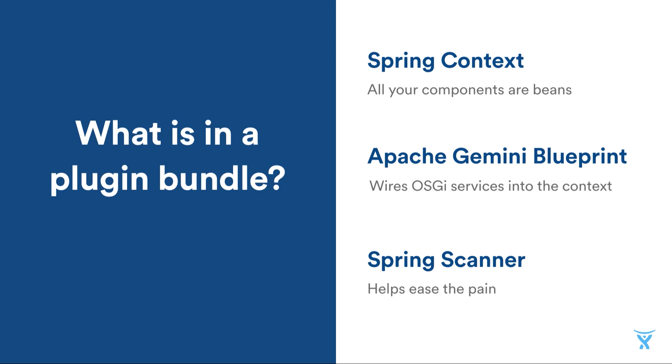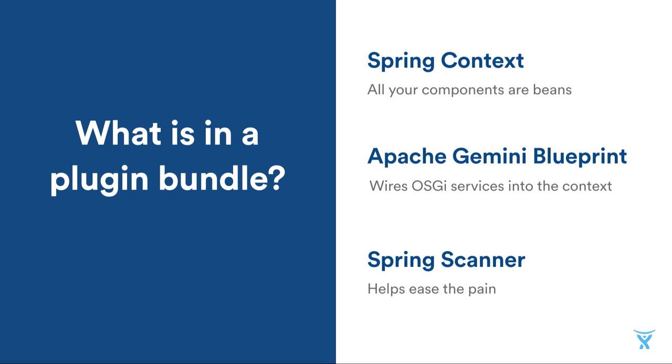If you hand cut your own, you have to really get in there, control the Spring context yourself, understand how Apache Gemini Blueprint is going to work. It's not horrendously difficult, but it's boilerplate stuff that's in your face that you don't really want to know about.